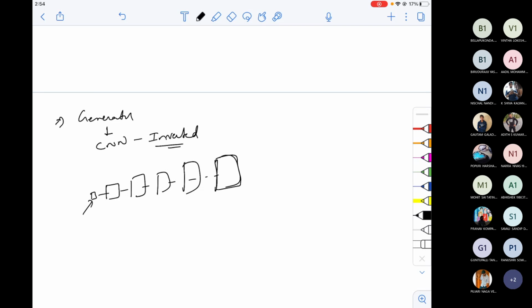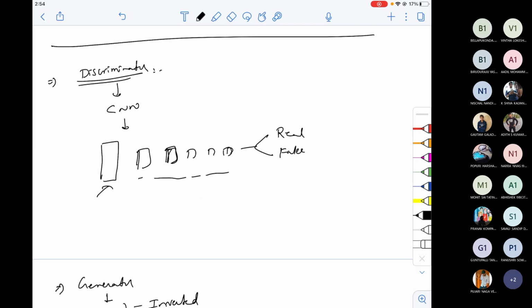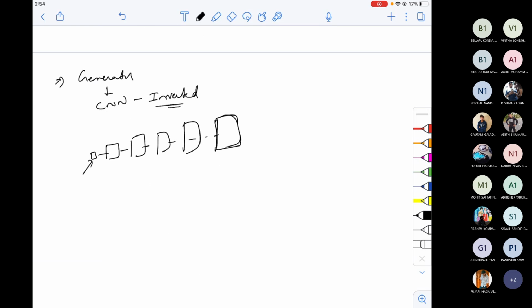If I just take this as a generator, I would get this image. That means I will get a small version of my fake node. I don't want that. If my fake node size is 100 cross 100, my last layer also should have the same sized output. If the final layer in my inverted CNN is also 100 cross 100, I can directly print it.